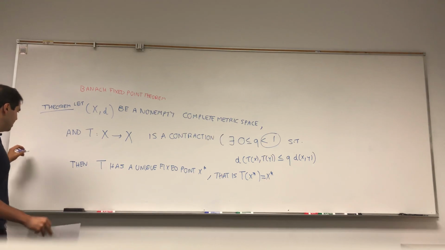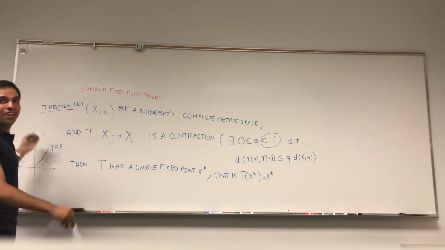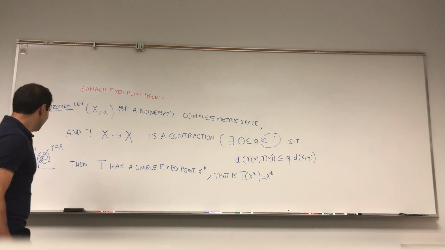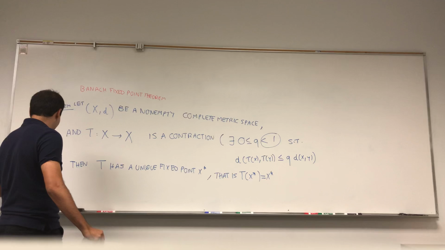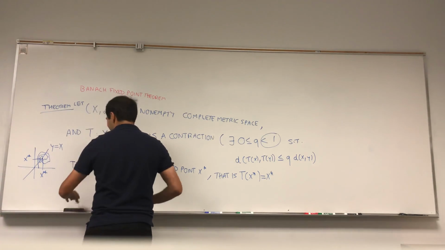In other words, if T is contracting, it means that at some point it crosses the line y equals x, at least in the real number case. You can think of it like this, where T of x star equals x star. Horrible picture, but yeah.